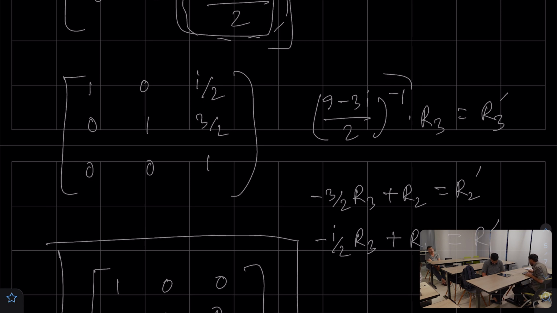Can you tell me why this exists? Why this inverse exists? Because it is an element of the field. It's the multiplicative inverse of that element of the field.